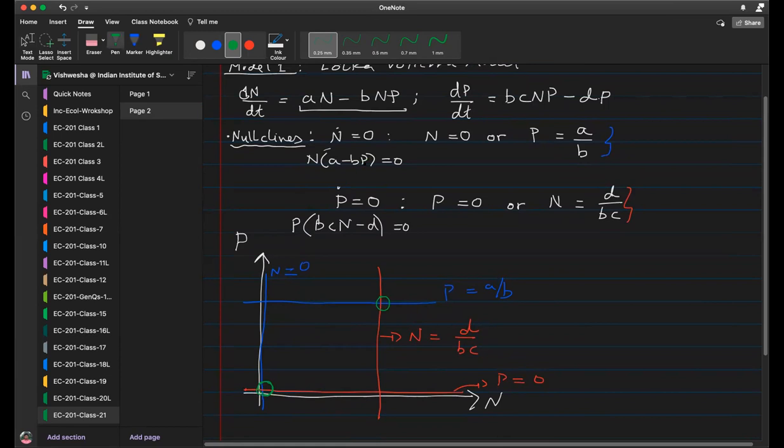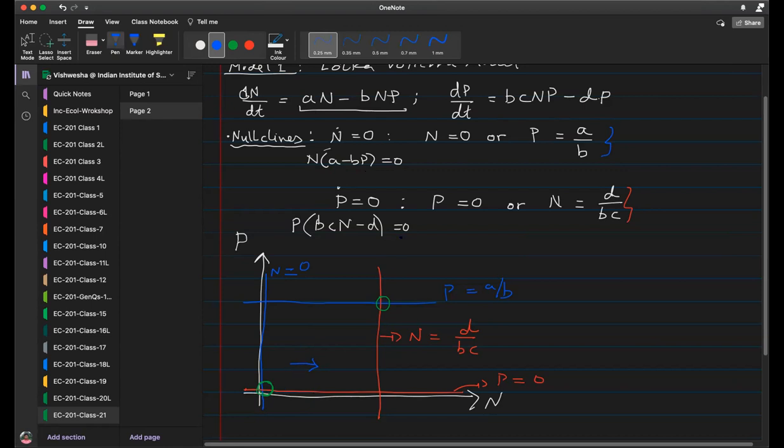So P is less than A by B, right? Which means this term is positive, and N is positive. So both of them are positive. Therefore, prey will continue to increase. Is that right? That does happen.